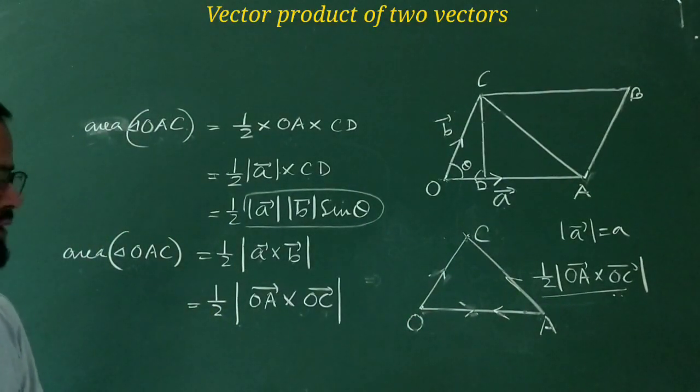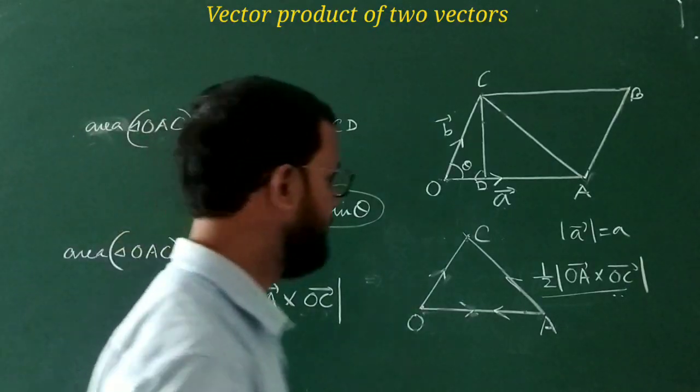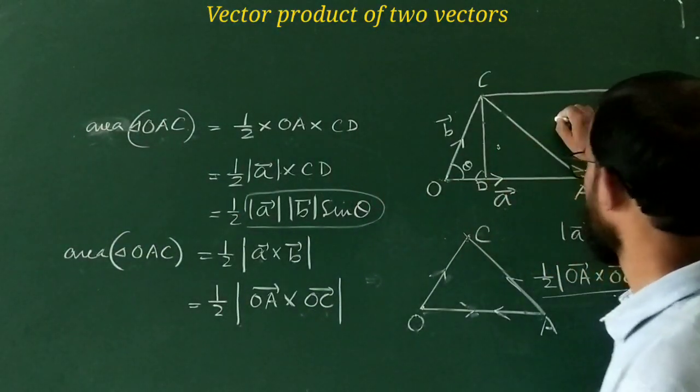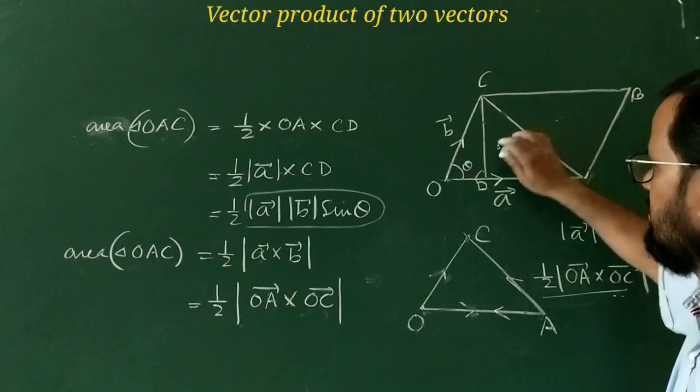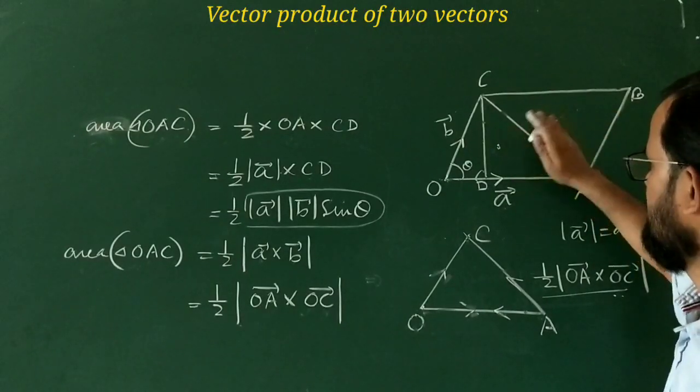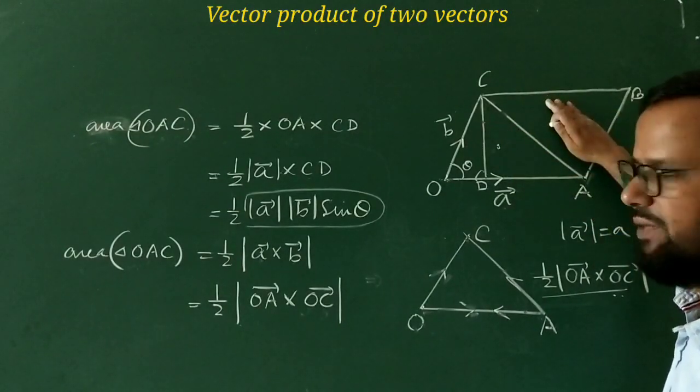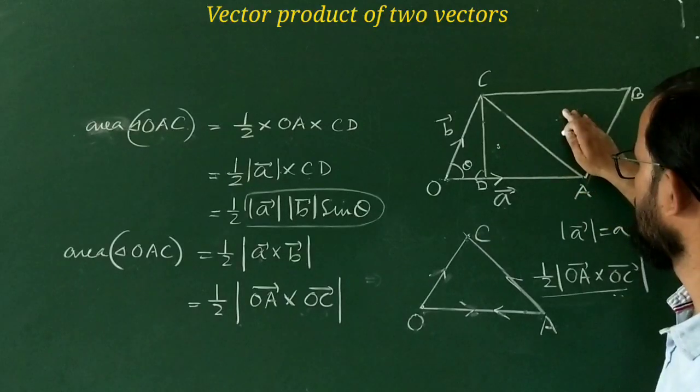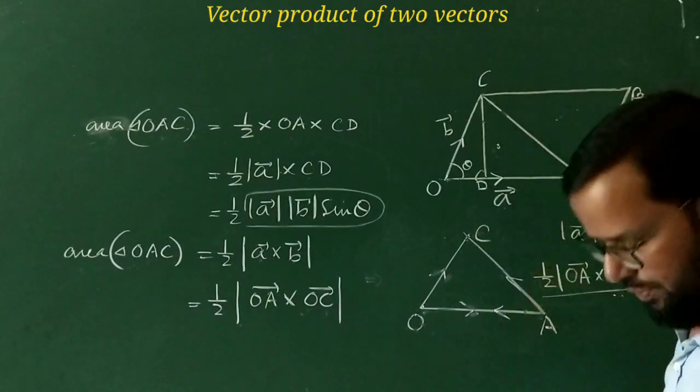Now from the figure, you see this triangle and this triangle are similar triangles. Both triangles represent the same area. If this area and that area are the same, the sum of these two areas is equal to the total area of the parallelogram.